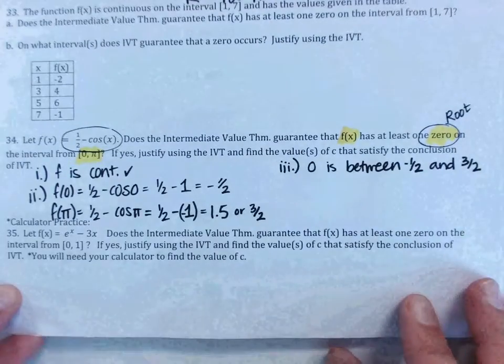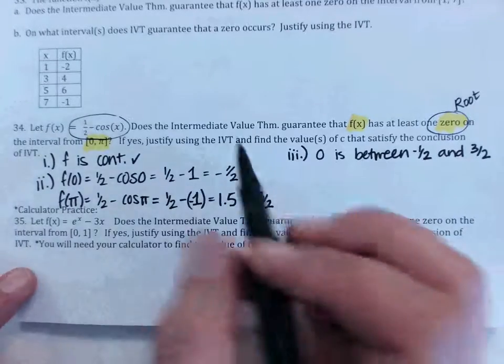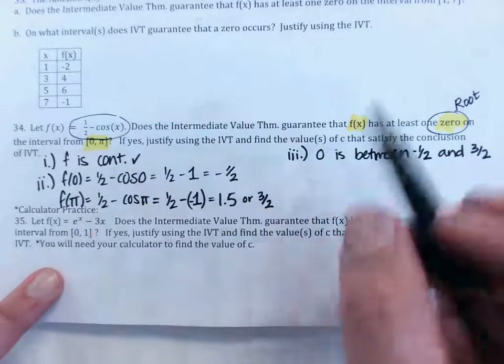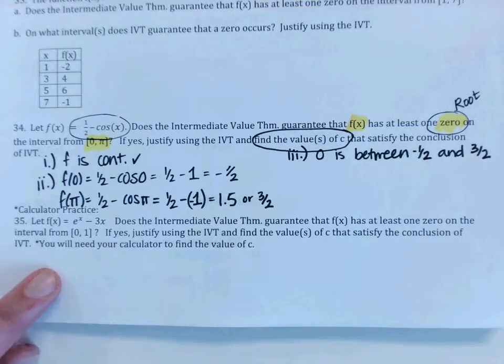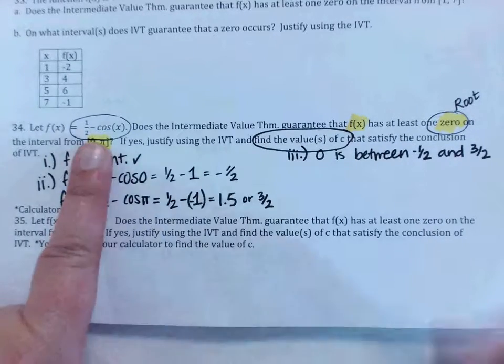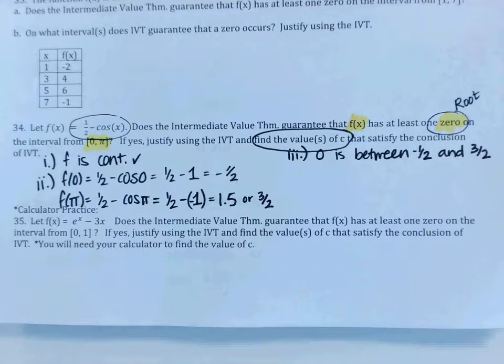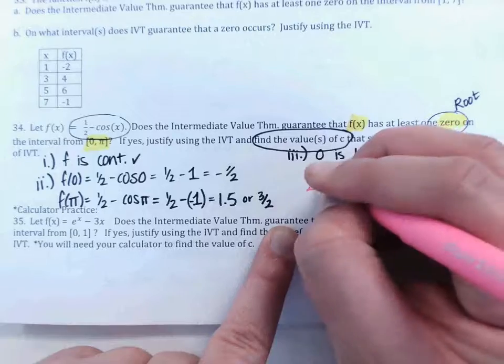Now, the reason I put a star on it was this part right here. If yes, find the values of C. How do you find the values of C? We wrote it on your cheat sheet. You take the equation, set it equal to what you want. So I'm going to take a half minus cosine x, and what do I want it to be equal to?